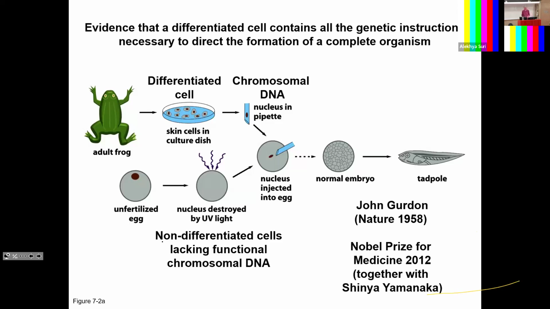This is just information on the side. But this slide again is evidence that the information is in the DNA to establish a gene expression program, and all that is needed to develop a normal organism.